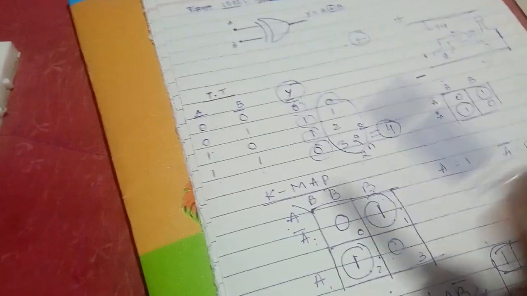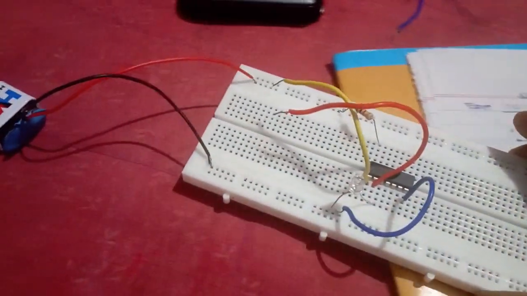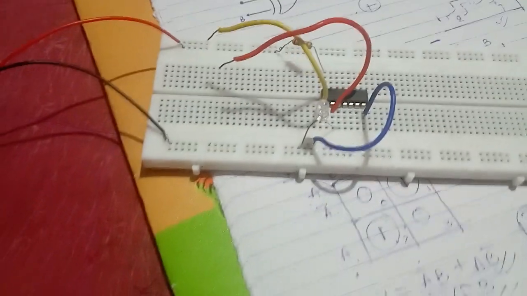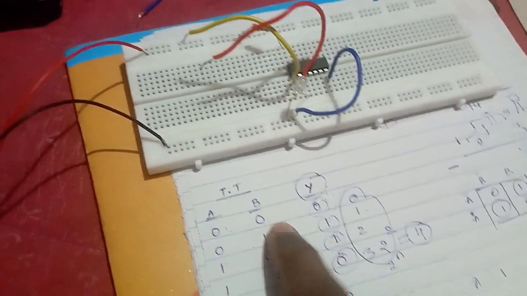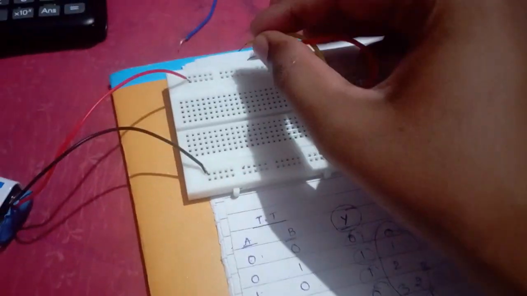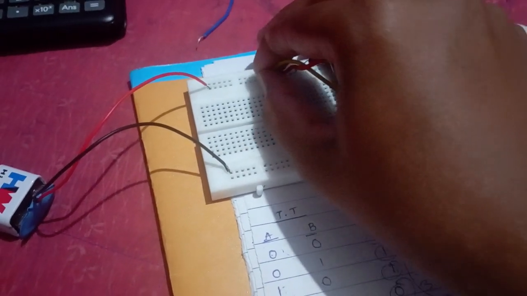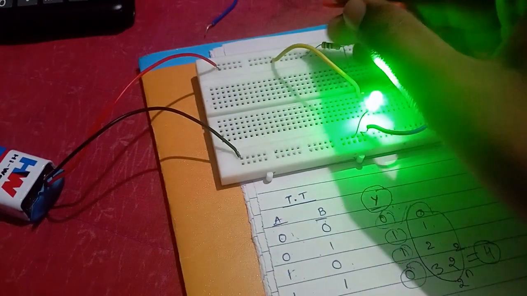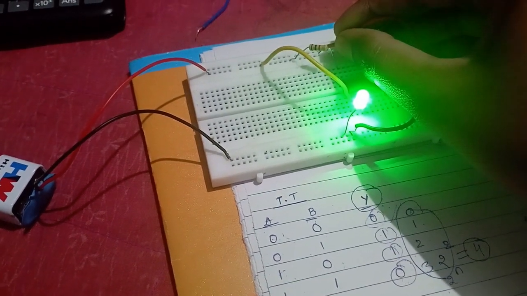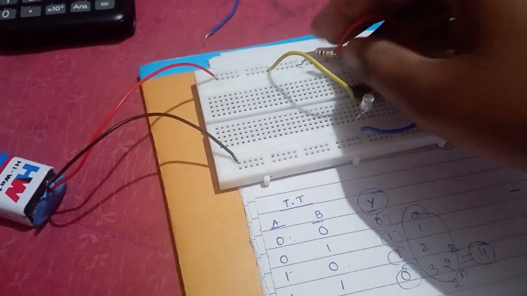Now we are going to verify the truth table values by giving the inputs. Let us verify these inputs. The first input is 0 0, that is A is 0 and B is 0, and the LED must not glow. So I have given A as 0 and I will give B as 0.